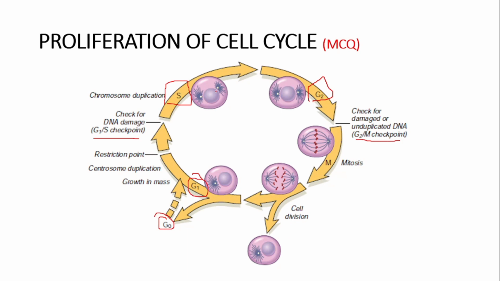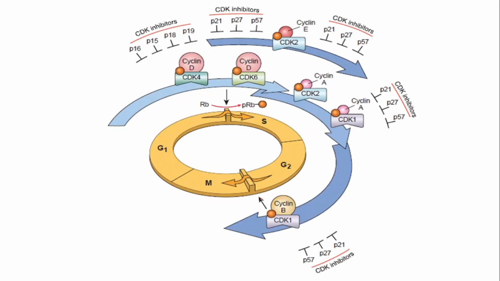The cell cycle is regulated by both activators and inhibitors. Cell cycle progression is driven by the cyclins and cyclin dependent kinases, and we'll see the types of cyclins.